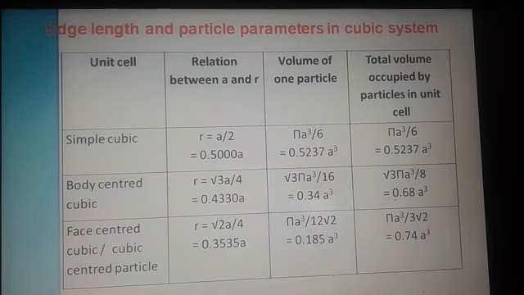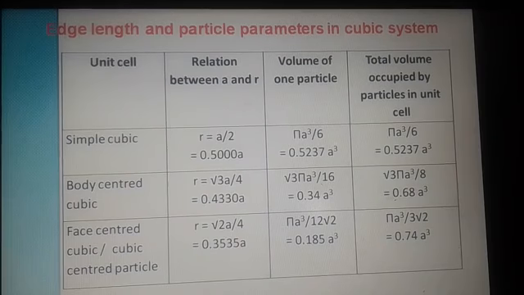Now in case of body-centered cubic, we can determine the radius by the 0.4330 A formula. For determination of volume of one particle, we are using the 0.34 A cube formula.